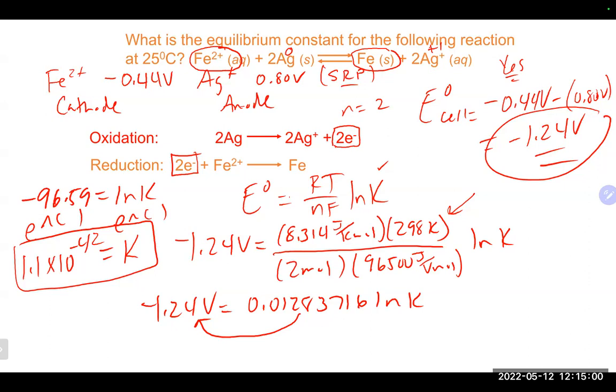If it's on the reactant side, we should have a small value of K, and that definitely is a small value of K. So all those things make sense. If you had a positive voltage and got that K, that should not make sense, because that should be the opposite effect. Any questions on any of those there?